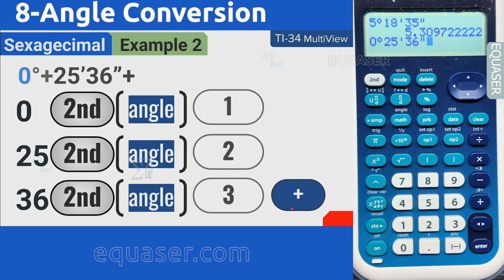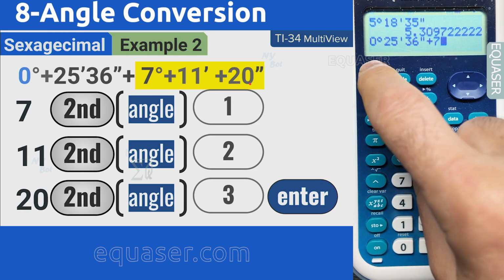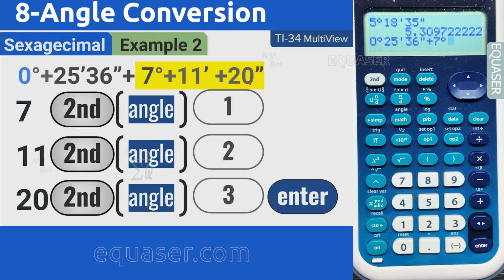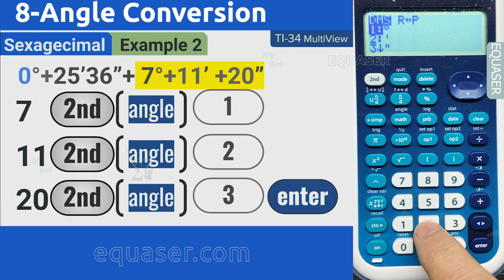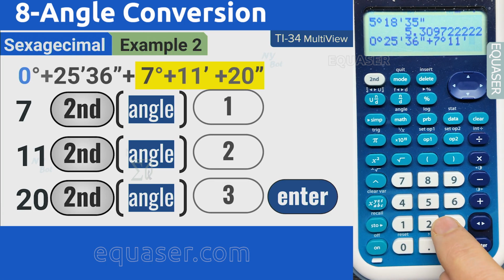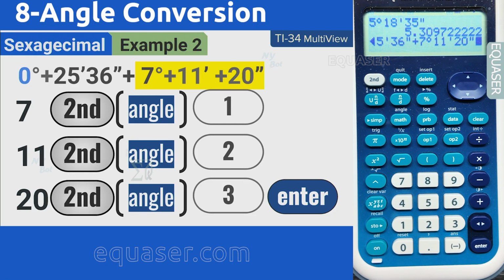Now we added, now let's add plus, and then the second portion 7, 11, 20. So 7 degree, that's 1, 11 second function degree, 2, that's minute, and then 20 second function angle, and 3. So everything is there, press equal sign, and that is the answer.